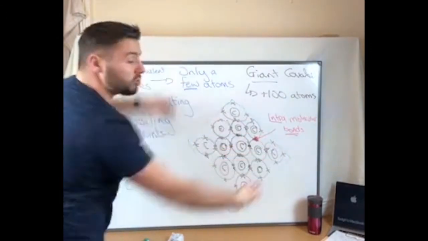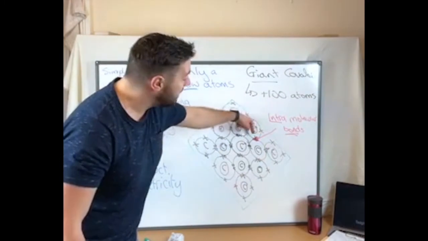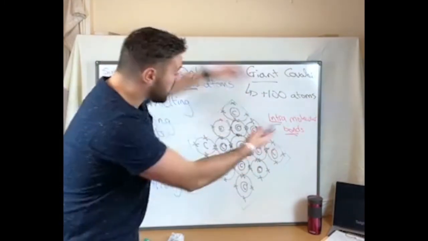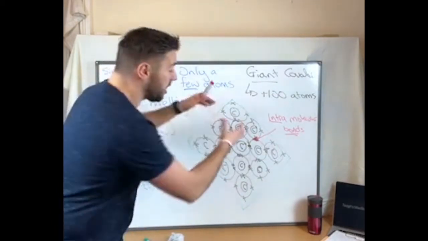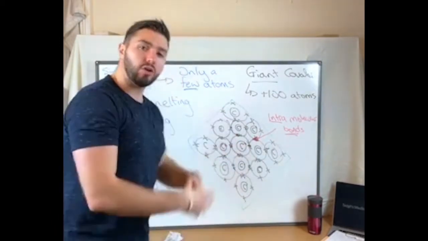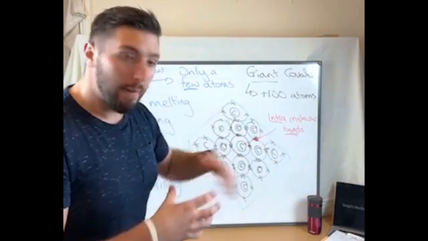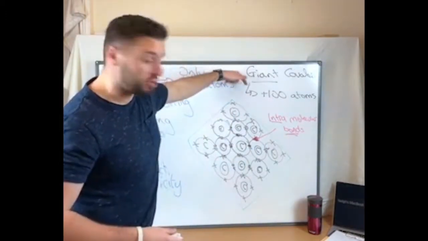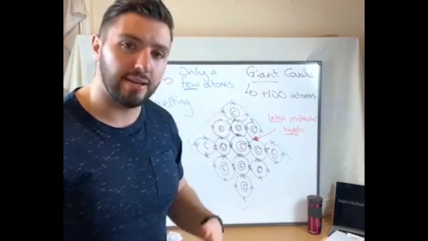But because there's so many of those intramolecular bonds, so many covalent bonds inside that structure, the whole thing has a really, really high melting and boiling point. It takes a lot of energy to separate out your diamond and break it into separate pieces. Really, really hard, which makes it really, really strong. So giant covalent structures tend to be really, really strong, with really, really high melting and boiling points.